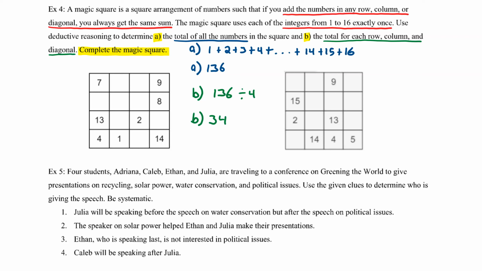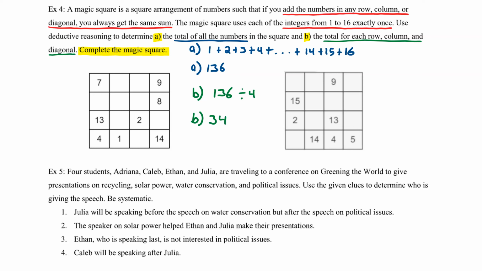So if we look at the first one, we can either start in the very bottom row or the very right column. So in the very bottom row, we have 4, 1, and 14. We're missing a number, but whatever we put there has to make that entire row add up to 34. Okay, so if we take the numbers that we currently have and add them together, that would give us 19.